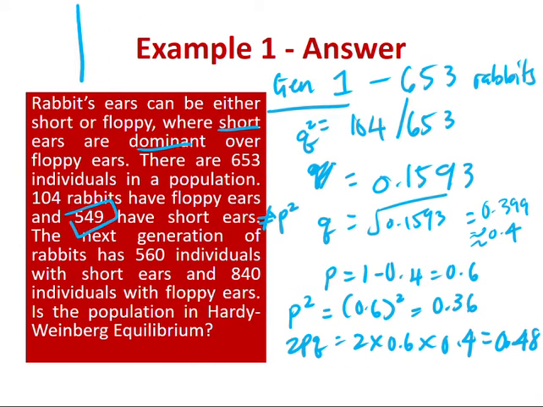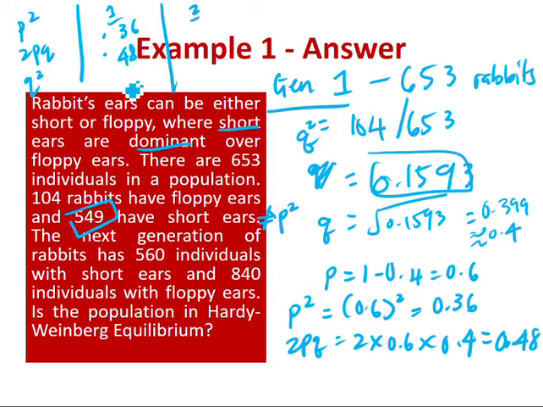What you have to find is p squared, 2pq and q squared. So this is the first generation, and then the second generation. You know that p squared is 0.36, 2pq is 0.48, and q squared is 0.16. Now you have to calculate the second generation.